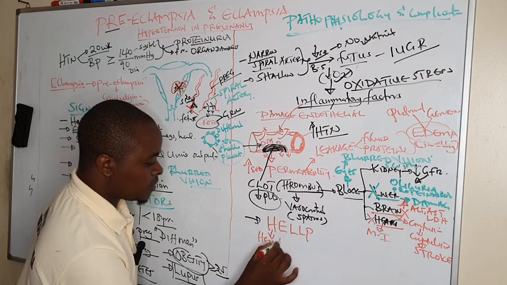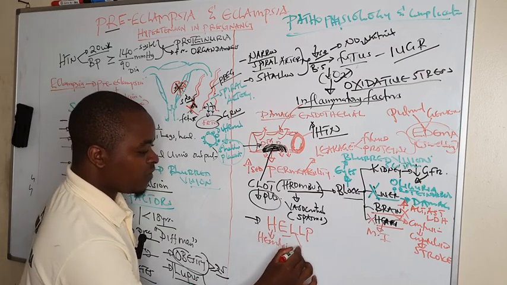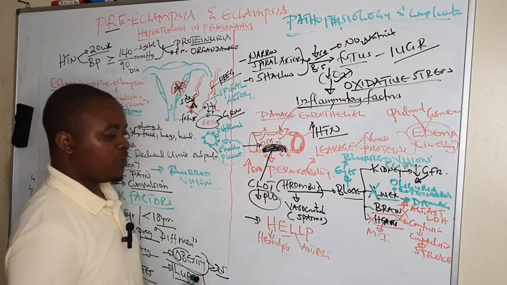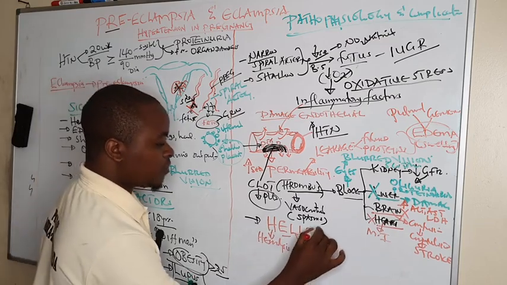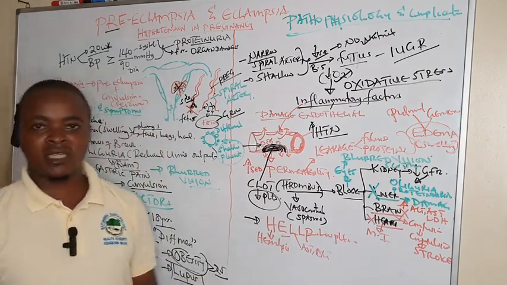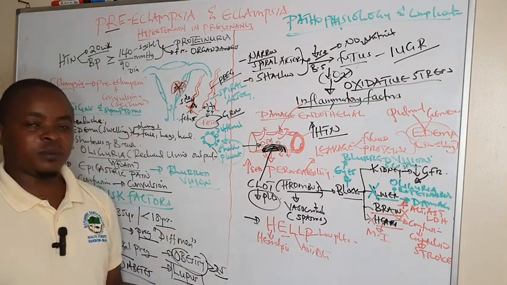Then there are elevated liver enzymes, such as AST and ALT, and then we see low platelets. So this is one of the complications brought about by preeclampsia.